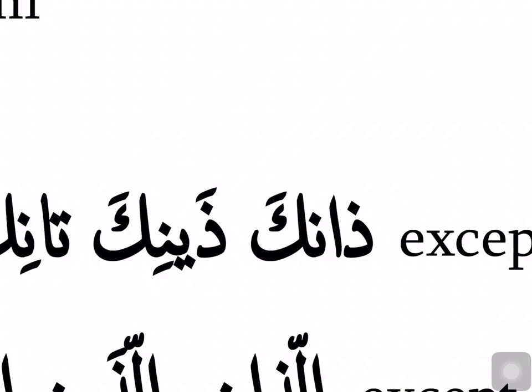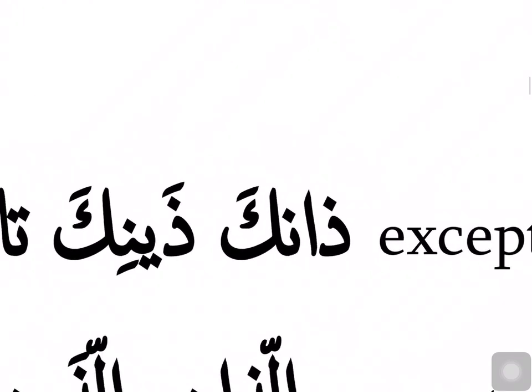Actually, the ism ishara, let's just talk about this inshallah, is actually dha. Dha is the ism ishara. Ani is showing me the status, raf, and kaf is for khitab.